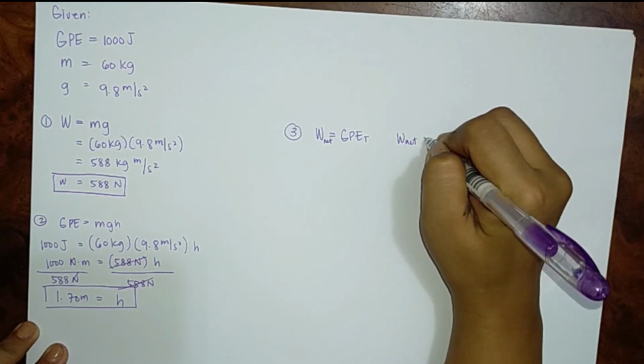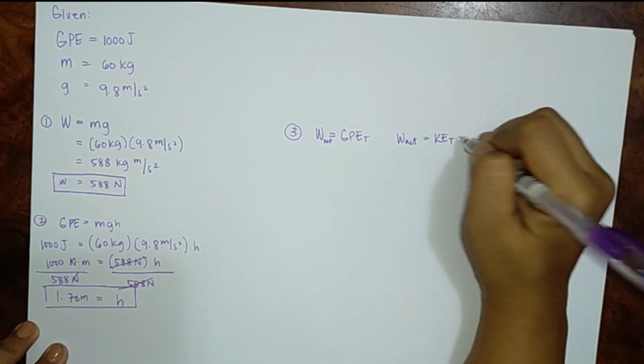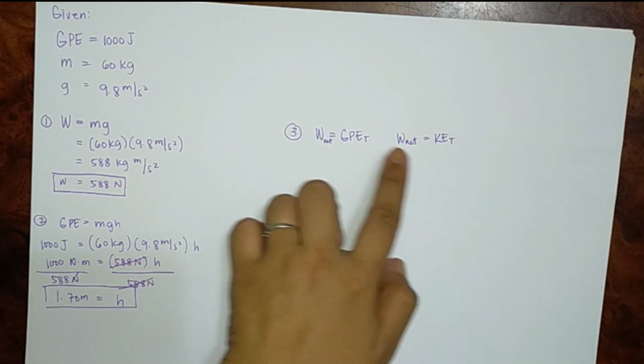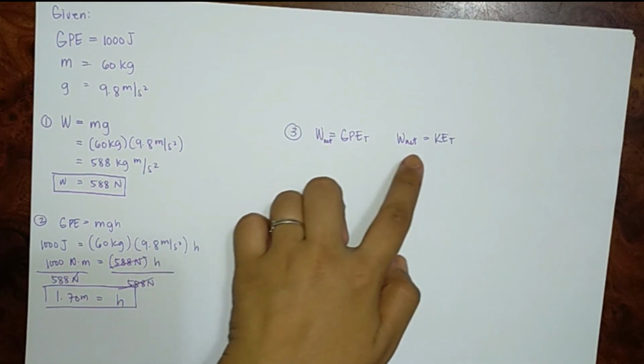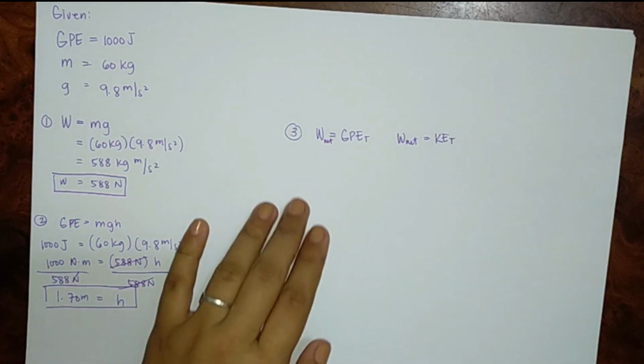Also, we have net work is equal to the kinetic energy total, or the maximum kinetic energy. Take note that the maximum kinetic energy and the maximum potential energy are also referred to as the total kinetic energy and the total gravitational potential energy. If you look at these two values, they are equal to the net work.